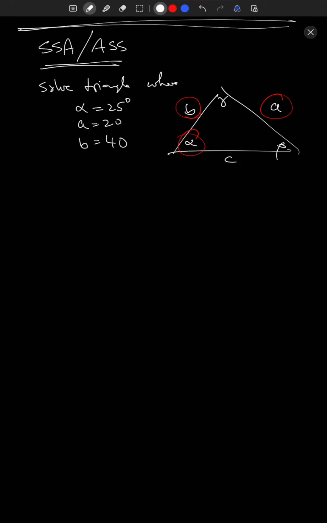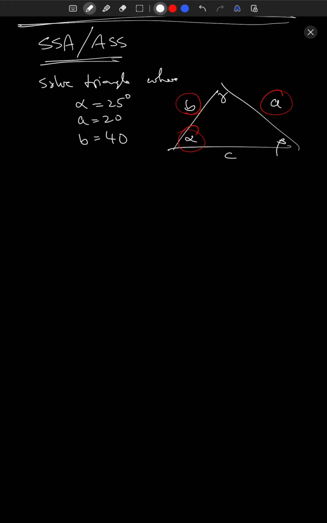That's a different situation. Here, we can't start out with the 180 degrees that we did before because we only know one of the angles, so the other two angles, there's no way we can get them. Last time, in our previous example, we knew two of the angles, so obviously we could get the third. But now we only know one angle, so we can't do that. So already you can see that this one is not as straightforward.